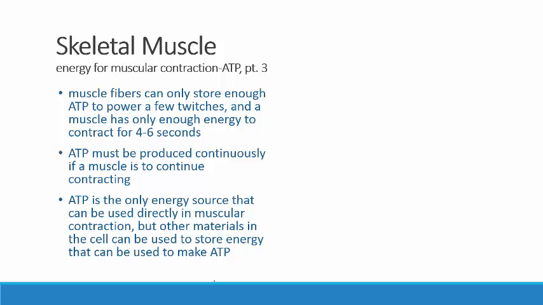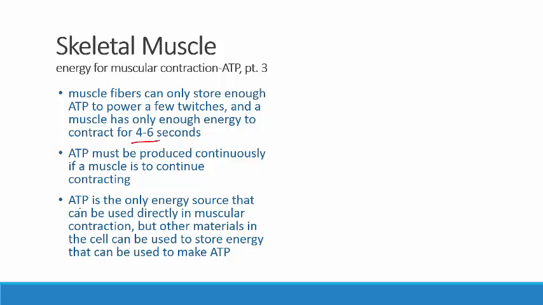And so with that stored ATP that we have laying around at any one time in the muscle cell, we can produce contractions for something like 4 to 6 seconds. So we have to be constantly making ATP if we're going to continue contracting the muscle.